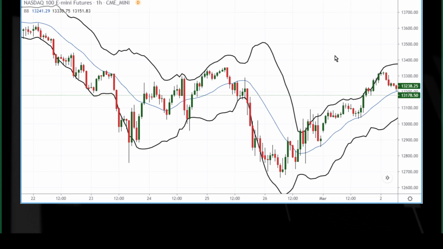Obviously, every market will have periods when it doesn't move ideally. It chops between the upper band and the lower band. I said ideally, referring to trending periods.